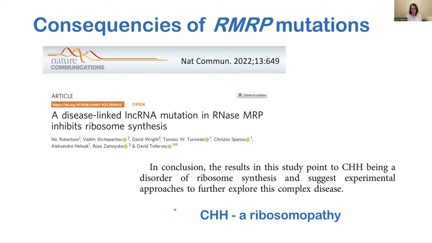And their conclusion from this study was that CHH seems to be a ribosomopathy, that there is a disorder or abnormal ribosome synthesis, and that more studies are definitely needed to go into details in this aspect. So it's a fairly recent publication and further studies are hopefully coming.